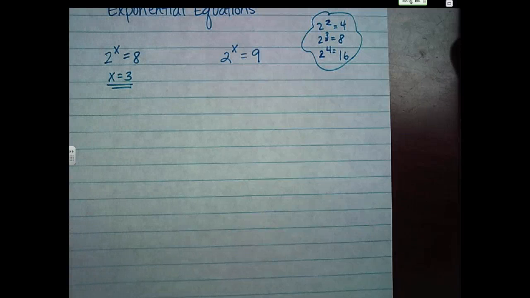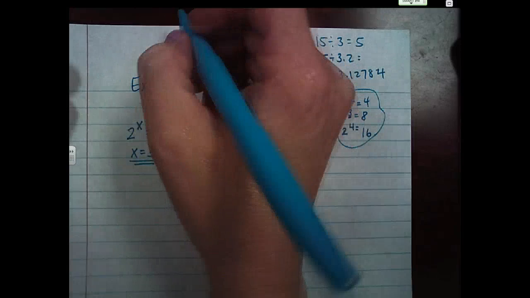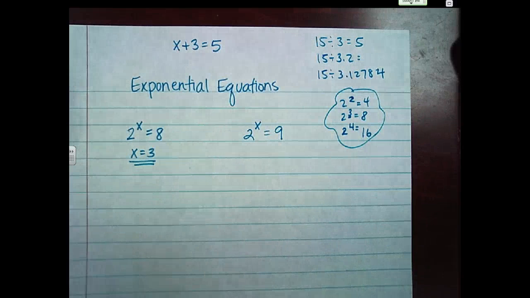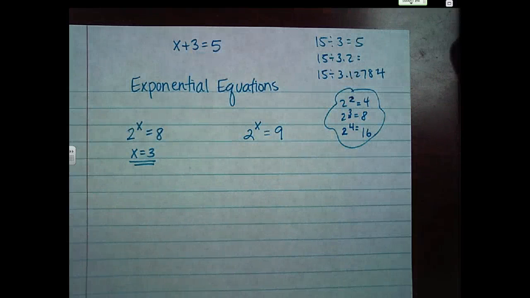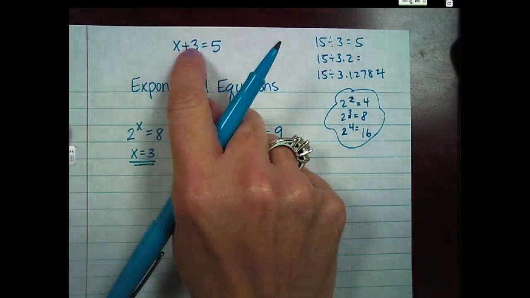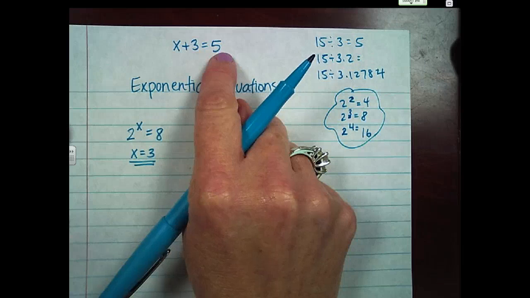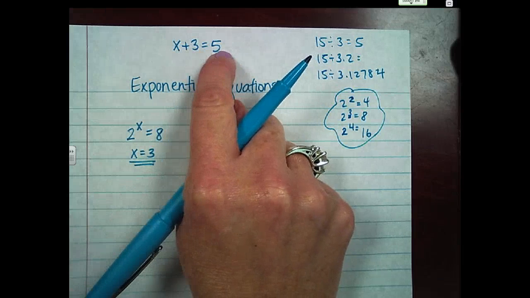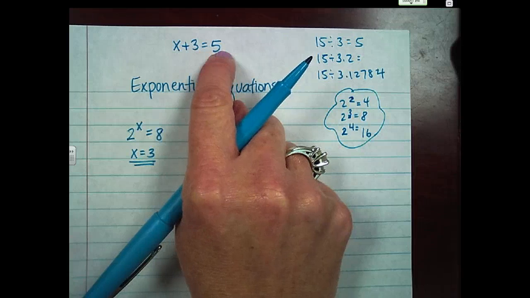And in the same kind of aspect, if I told you to take x plus 3 equals 5, how would you solve for x here? You would subtract 3 from what? Both sides. Subtract 3 here to cancel it, and subtract 3 on this side to keep it even. Okay, we've done that so many times that you just understand it perfectly and quickly.